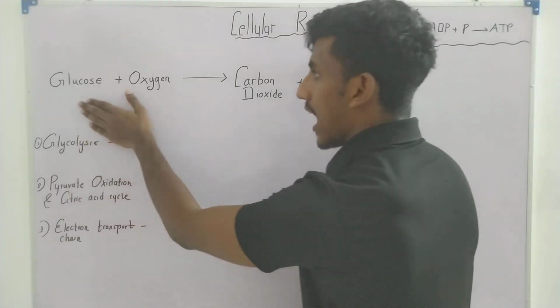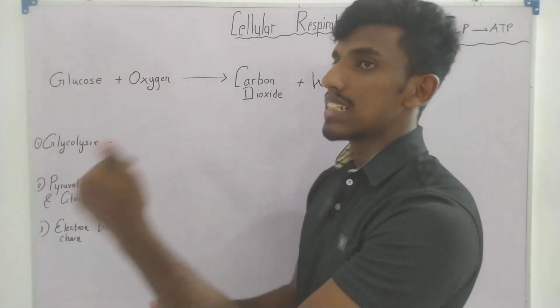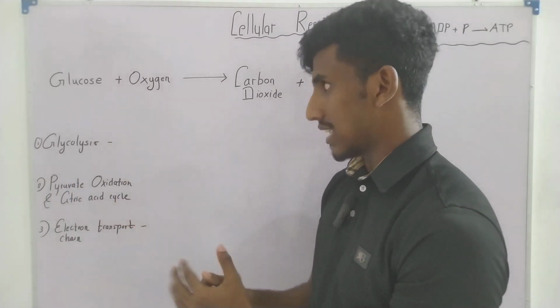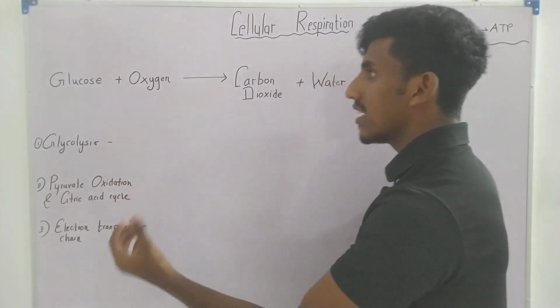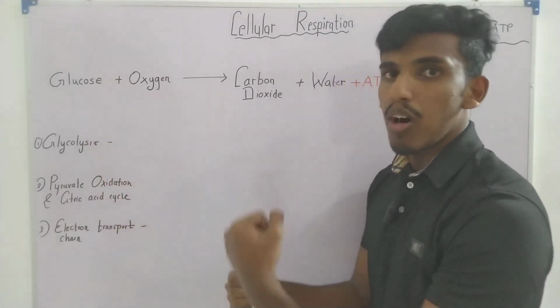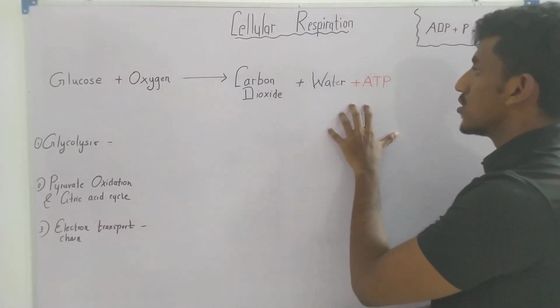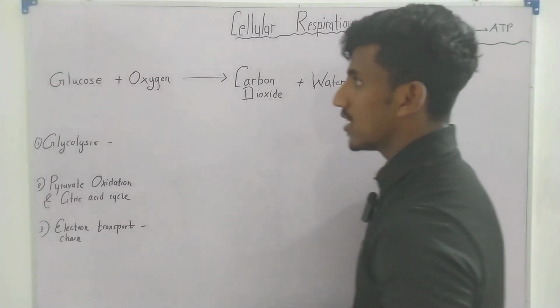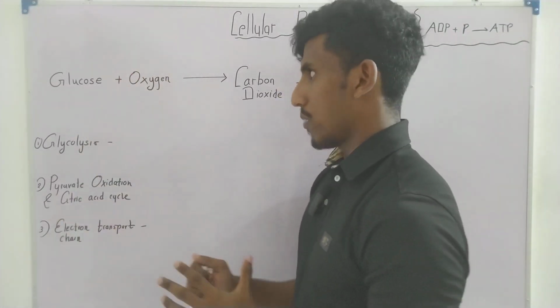So we have to break down glucose step by step in enzyme catalyzed reactions using a lot of enzymes. In that way, we can efficiently grab all the energy and use it to produce ATP, right? So glucose is the organic compound.